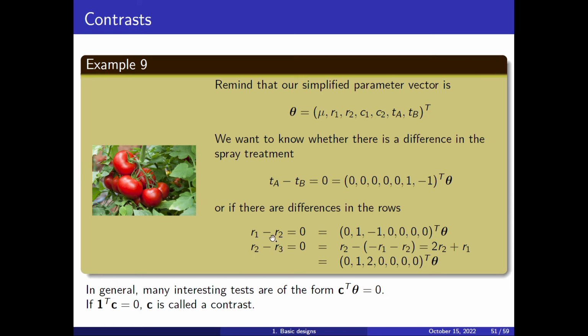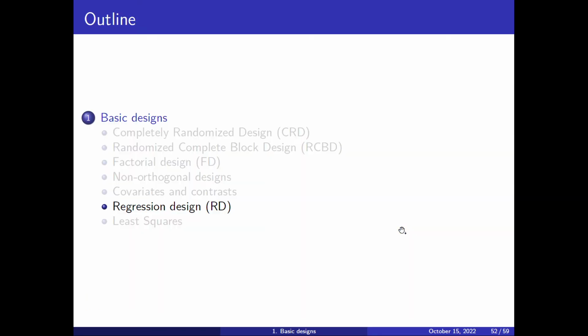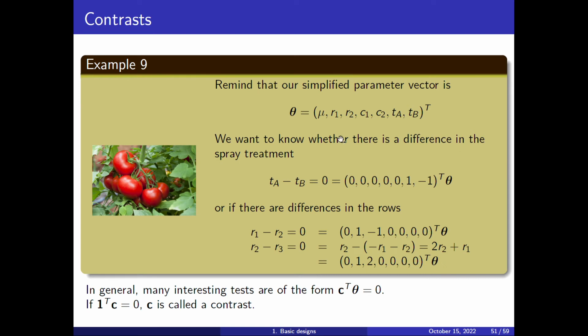So I can compute R1 minus R2, R2 minus R3, and all of them. So this is a contrast. This is not a contrast because you see that the sum is not 0. Okay, and at the end, all these tests I can do them, and I have an F associated to each one of these tests, and so on.